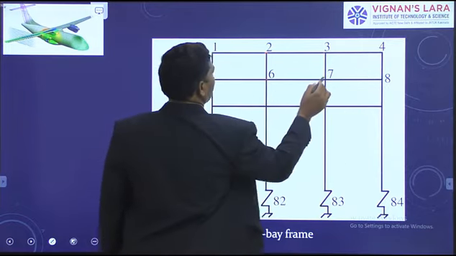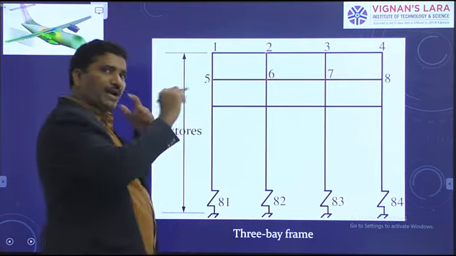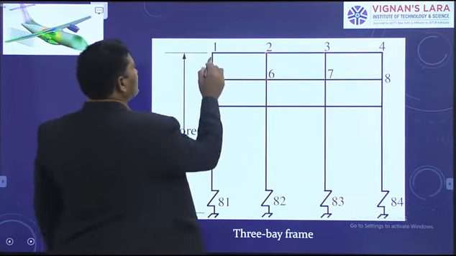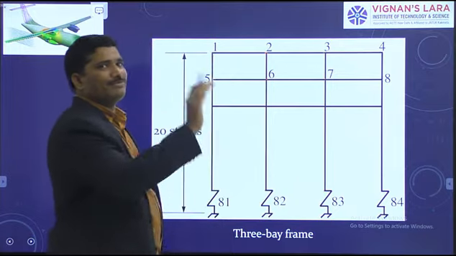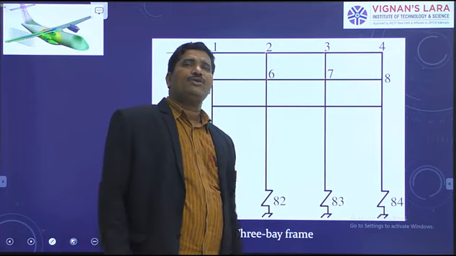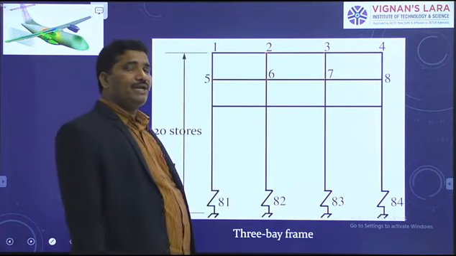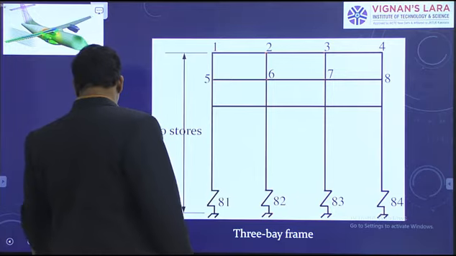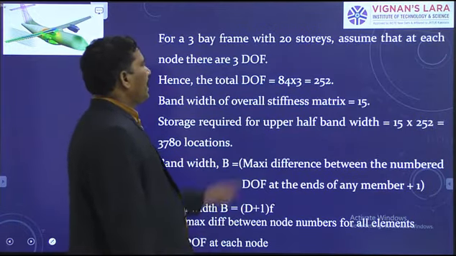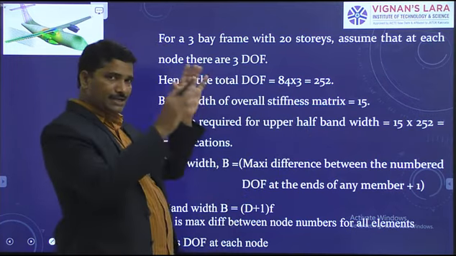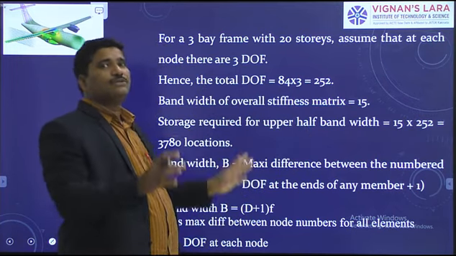This is sixth. This is seventh. This is how I give node numbering. Assume that at each node there are 3 degrees of freedom. Okay. How many nodes do I have? 84 nodes. How many degrees of freedom do I have? 84 into 3. 252 degrees of freedom I can observe in the structure.